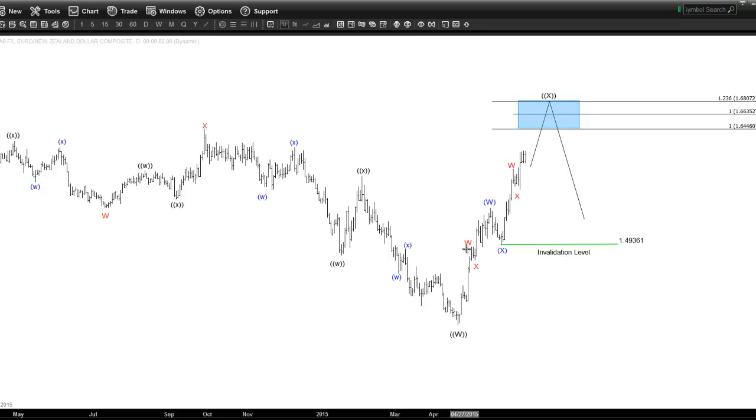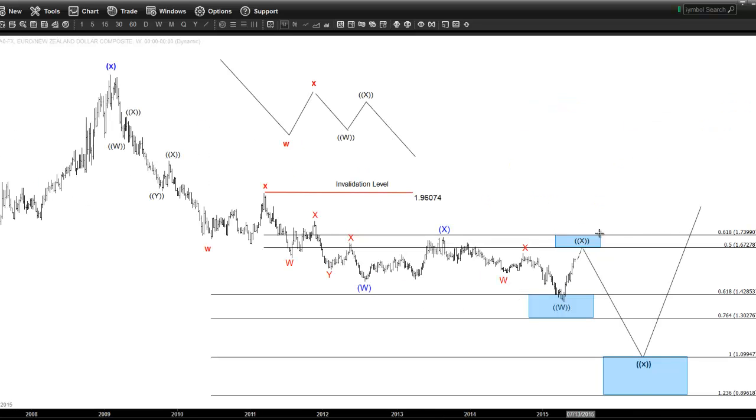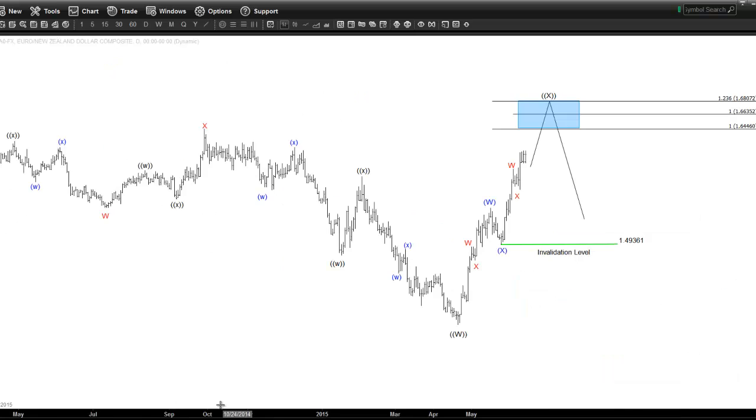So we have the W and X, and then the equal would be around 1.64 all the way to 1.68, which is about the same area as this one. It starts from the 1.67 at 50 back all the way to 1.74, so this should be a potential area for the X in black to complete.